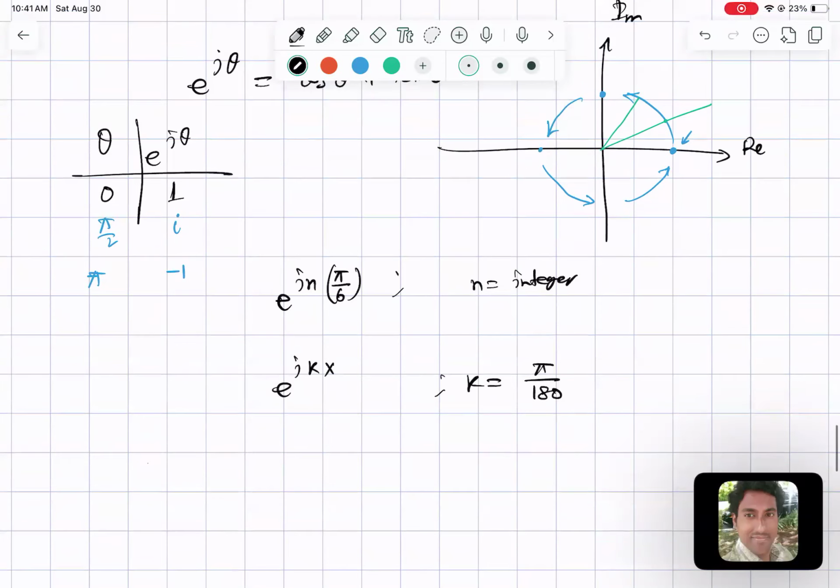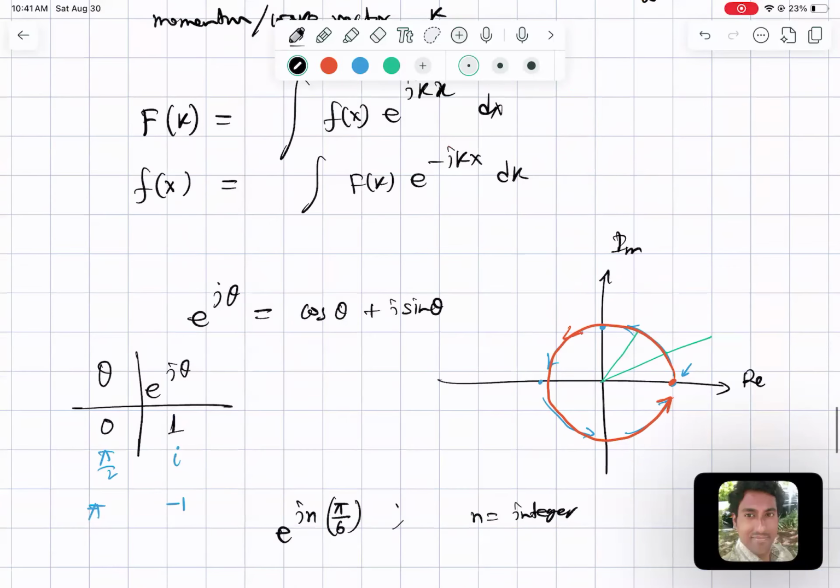So what happens then? We basically move from this point when x equals 0 in a counterclockwise direction, right? Continuously. k is a small number, and x is continuous. That means we move in that direction. So that's what's happening with e to the power ikx.